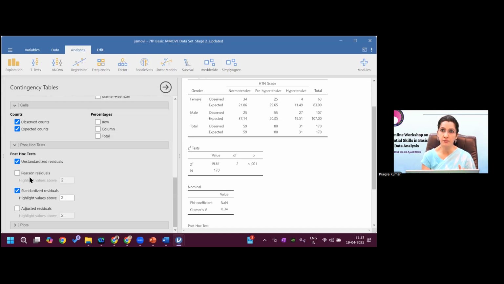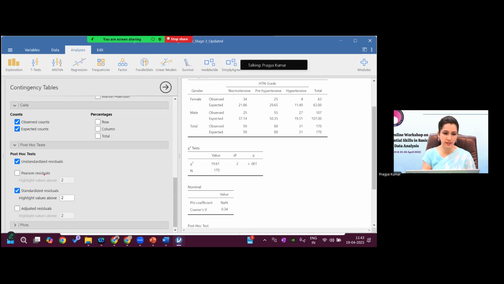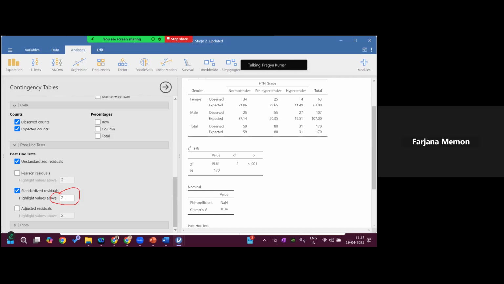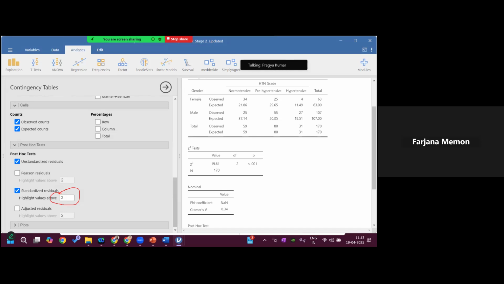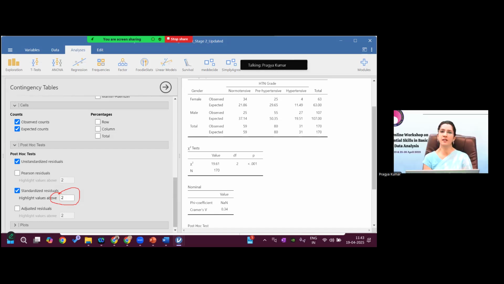Farzana is asking how should we select. Can you see here it's written, highlight, we take the value above 2. Is there any rule for putting it as 2, or are we deciding? It is not we who are deciding. I will give you the reference paper on the basis of which it has been decided that it should be more than 2.